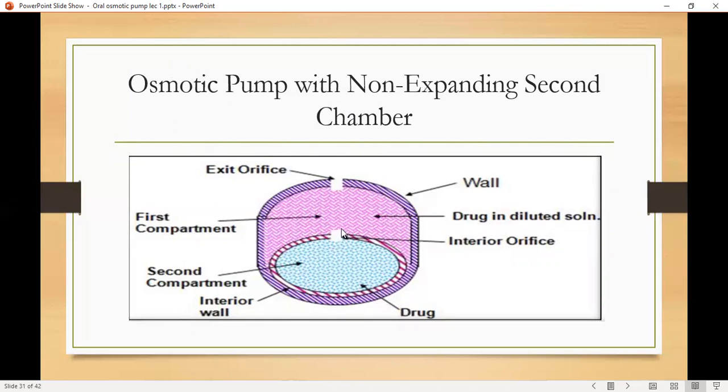So you can formulate it as a multi-system where it will release the drug through the same phenomenon as that of the single elementary osmotic pump or push-pull pump. The only difference is that it contains multiple compartments. The basic phenomenon is the same, that it will release drug through osmotic pressure.